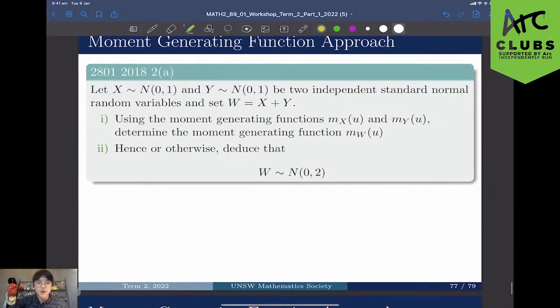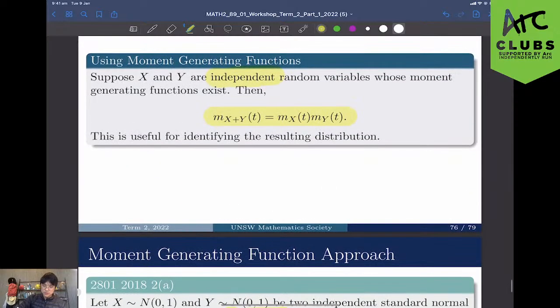So if we have x and y that are independent standard normal random variables, and we set w equals x plus y, then straight away, since we have a sum of two independent random variables, we know that this approach is something we can use, because this method is used for when you have a sum of random variables.